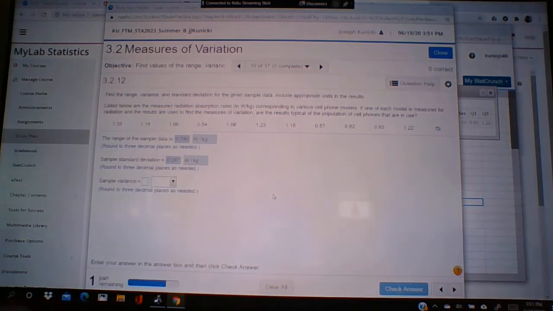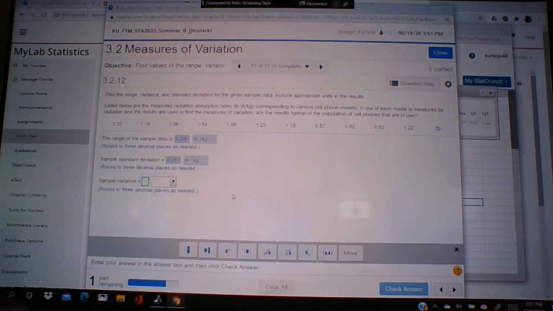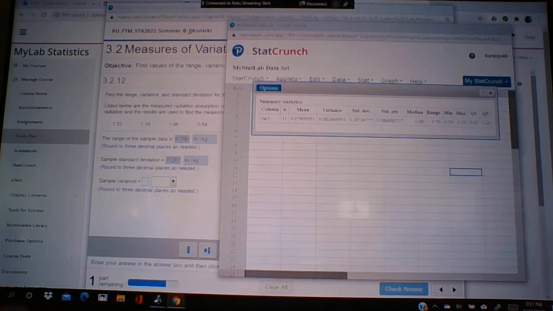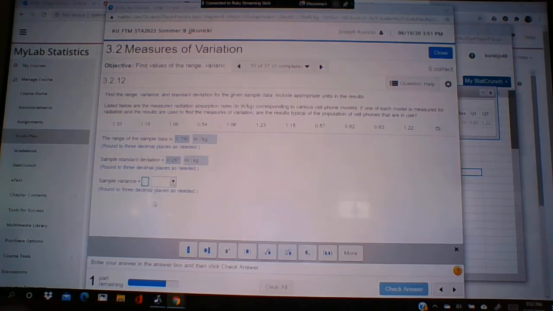And then lastly is the variance. And the variance, according to the output, is 0.083. Just round it to 3 decimal places, 0.083. Now this is in square. It's the watts per kilogram squared, because variance is the square of the standard deviation.